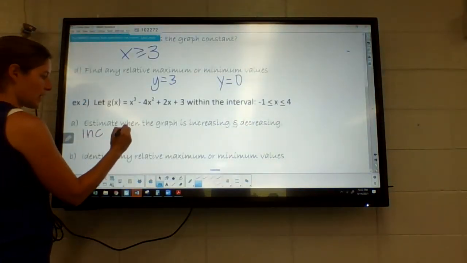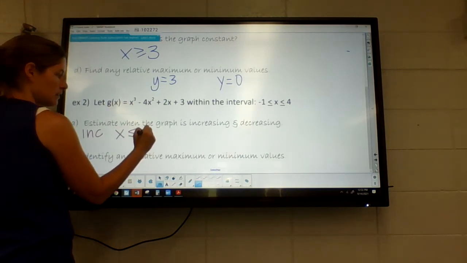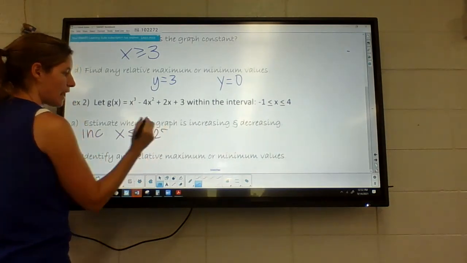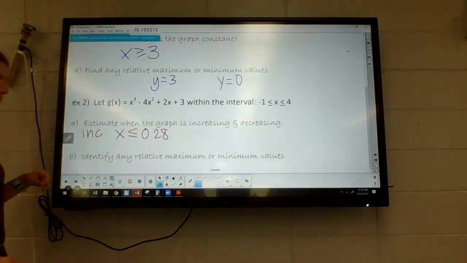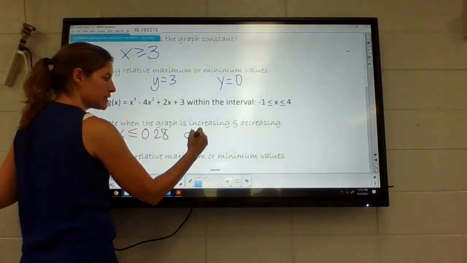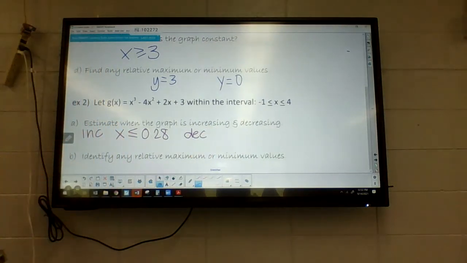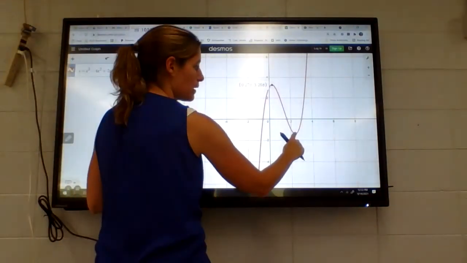So it increases when x is less than 0.3 or 0.29 or 0.28, something like that. I don't know how accurate. And if it helps, then it decreases from that spot to the next one, right?